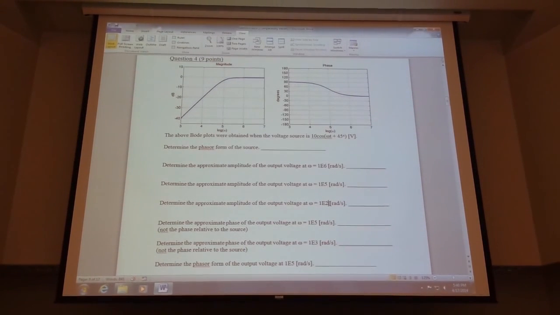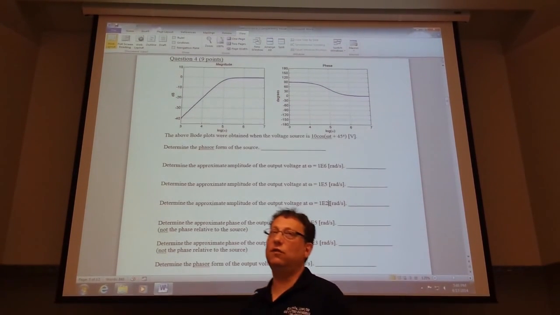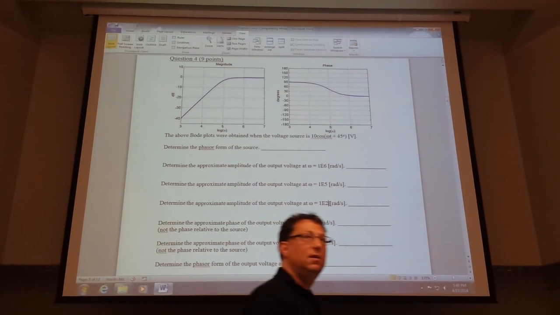20 log of 1 is what? 0. 20 log of 10 is what? 20 log of 100 is what? So, a change of 20 dB corresponds to what? Change of 1 order of magnitude.